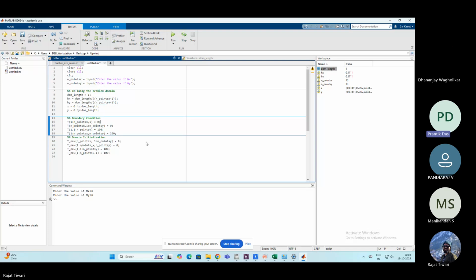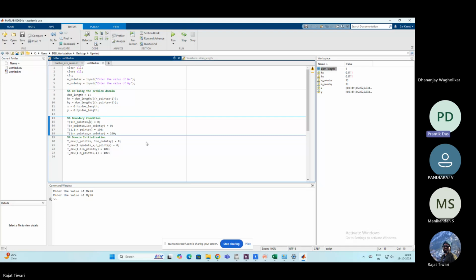So these are basically the boundary conditions. The range 1 to endpoint x with y equal to 1 means x is going from 1 to endpoint x, which is equal to 0, the lower part of the domain.